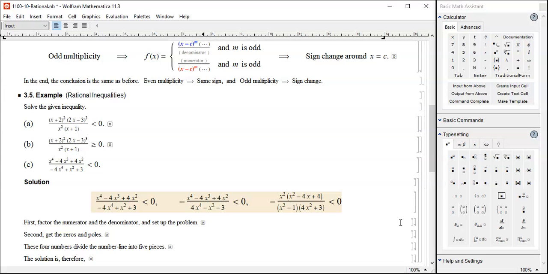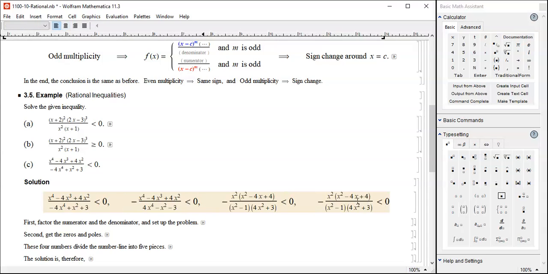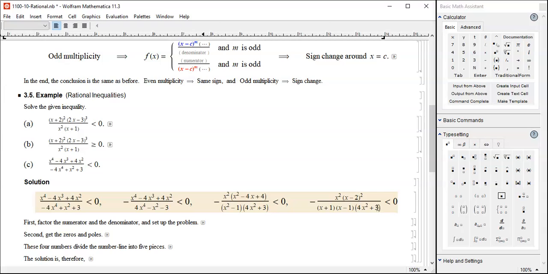And then we can factor even further. This one can be factored as x minus 2 total quantity squared because it's a complete square. And then here, this can be factored as x plus 1 and x minus 1. This one is irreducible, so we can't do anything further. And I guess that's it.